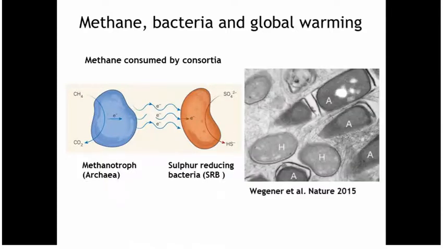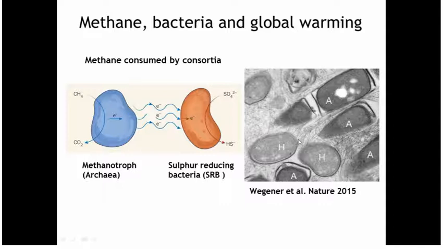And what's kind of interesting about this, described in 2015, these methanotroph sulfur-reducing bacteria consortia, is that they're joined together by these type 4 pili that are produced by the sulfur-reducing bacteria that make contacts with the archaebacteria, the methanotrophs, and these are wires.